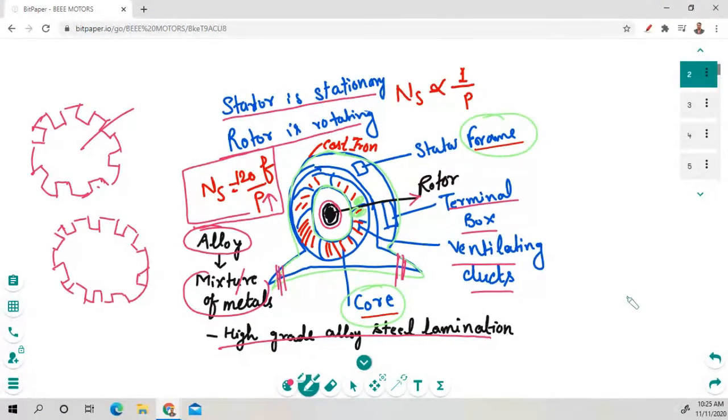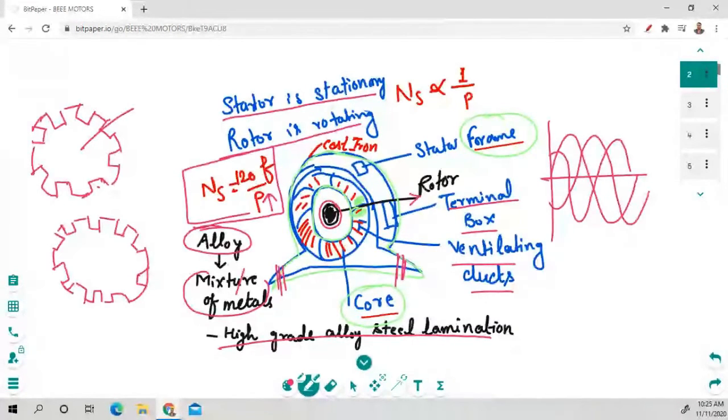Then what is the stator winding? The stator core carries a three-phase winding. What is three-phase? We have explained in the video that one phase starts from this position, another phase starts from this position, and the third phase starts from this position. So these are three phases. This is the first phase, this is the second phase, this is the third phase.